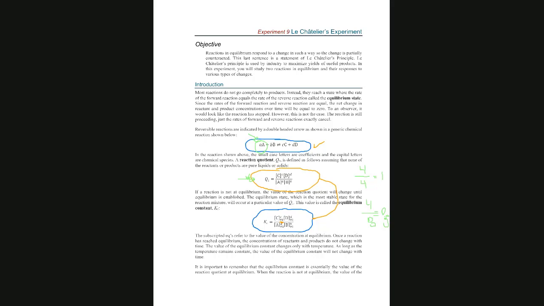So the reaction will move in the forward direction. Does it make sense? So basically, to summarize, the effect of adding a reactant to an equilibrium mixture is to force the reaction to move in the forward direction. We are going to see more examples, but any questions so far?